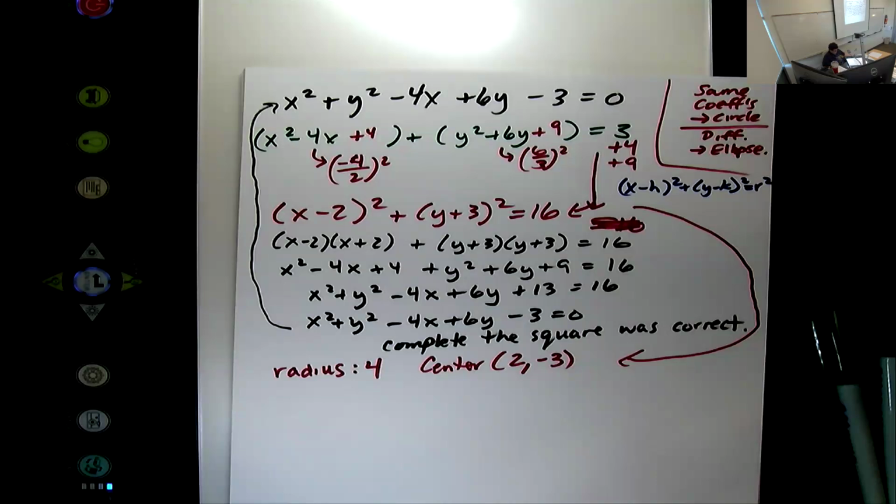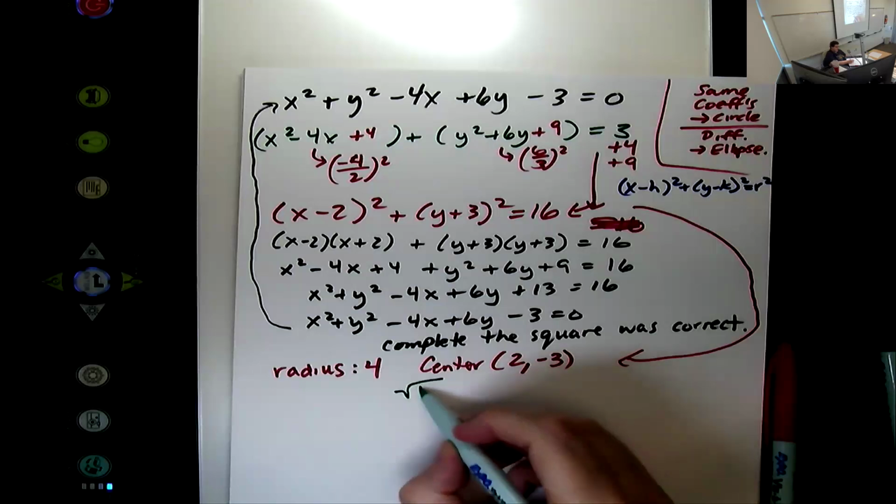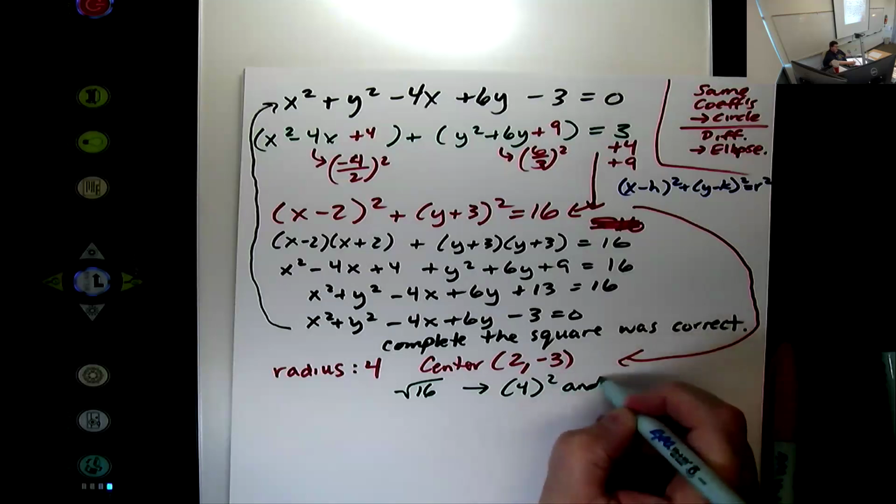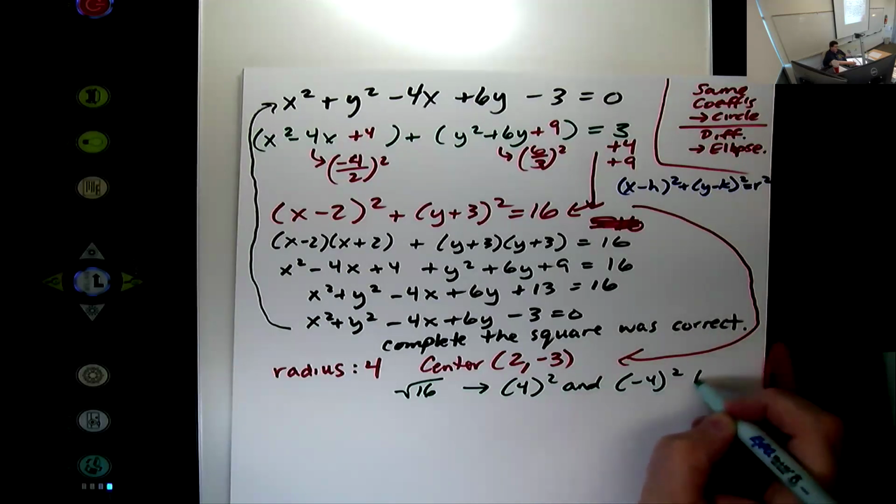Does anyone else agree with Keith, or is he wrong? Our radius cannot be negative. It can only be positive. Right, and in this case it is. You're right, but when we take the square root of 16, that's good to note, technically 4 squared and -4 squared both equal 16.